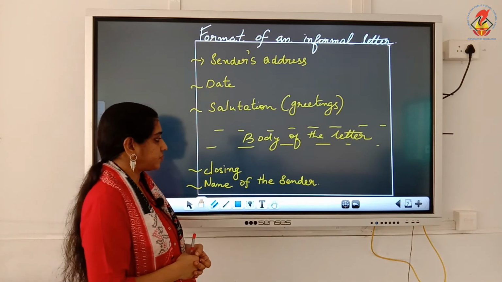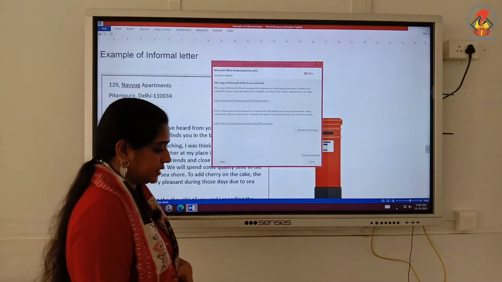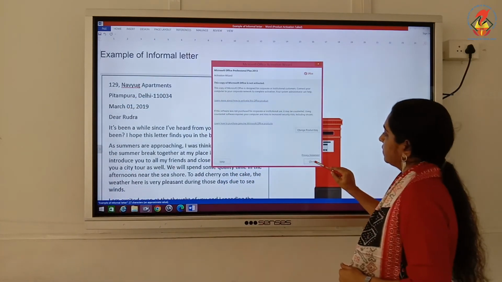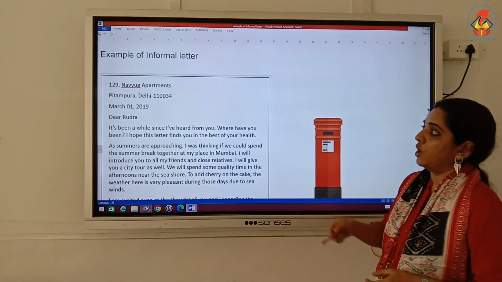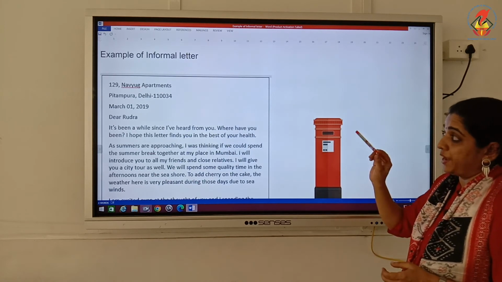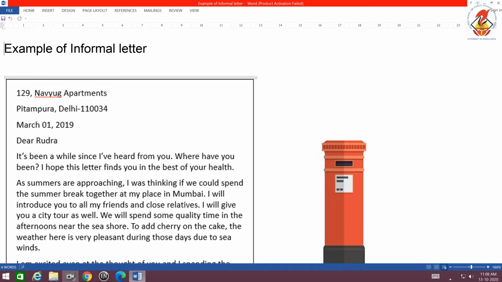Now I will show you one more example. Just listen here. See, example of an informal letter. First I said you have to write your address first. That is 139 Navyuk Apartments, Pithampura, Delhi 110034.